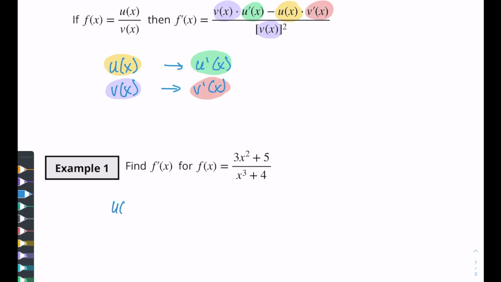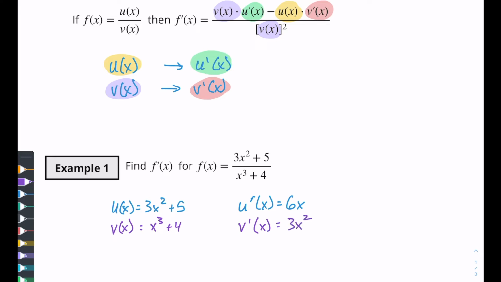Our u of x will be 3x squared plus 5. The derivative of u of x is 6x. Then we have v of x is equal to x cubed plus 4, and the derivative of v of x is 3x squared.